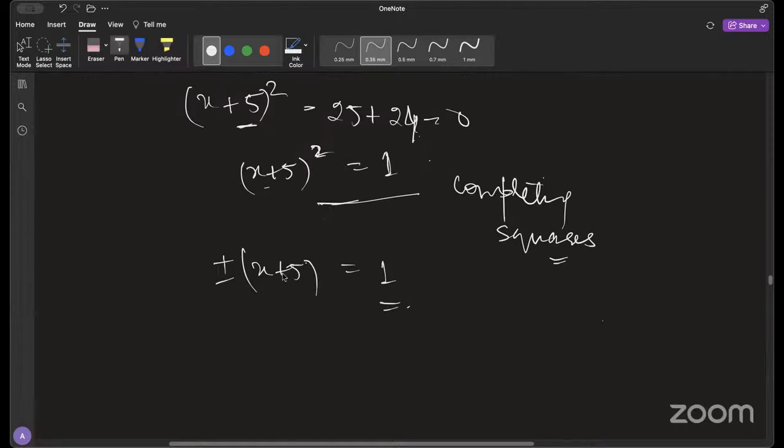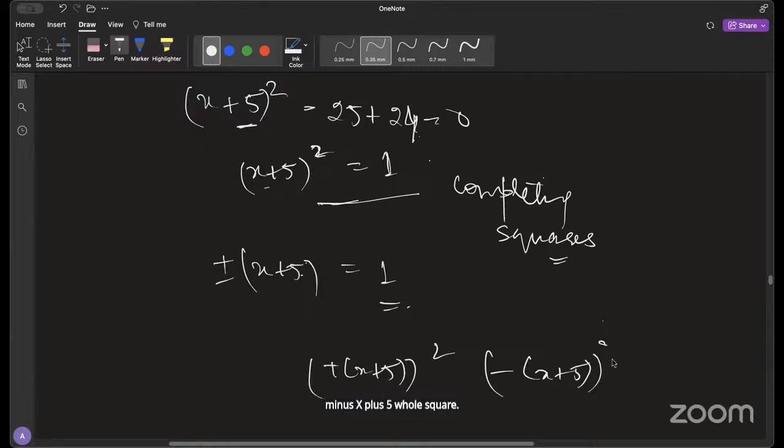Because the positive of x plus 5 is also going to give you, okay, x plus 5 whole square is the same as minus x plus 5 whole square, right? So if x plus 5 whole square gives you 1, then minus of x plus 5 square should also give you 1.